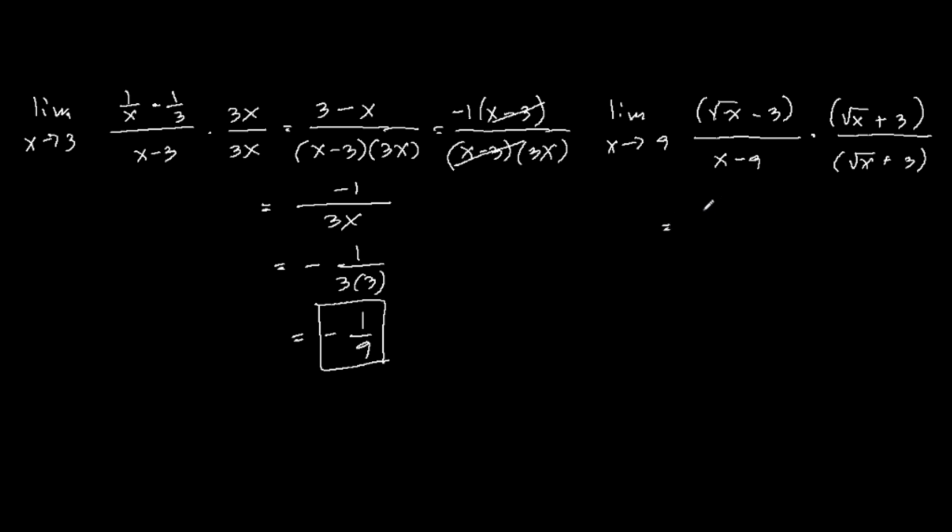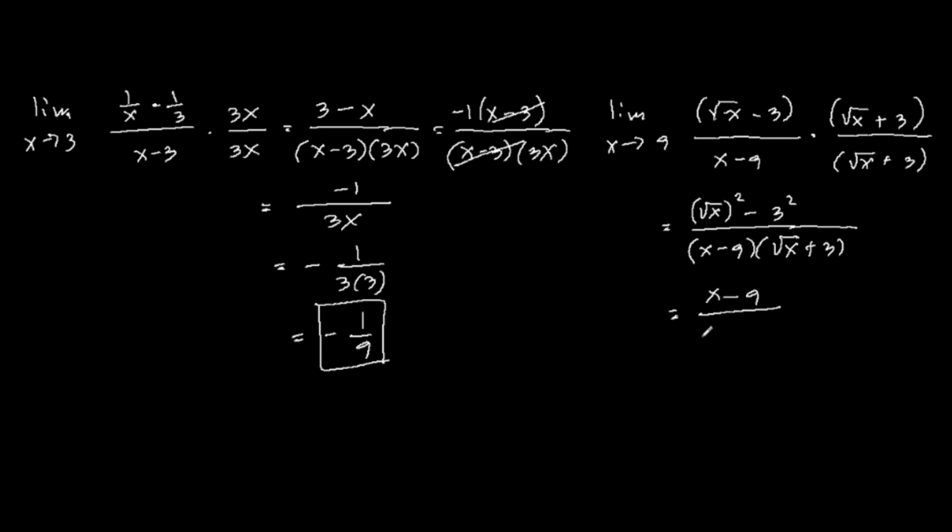Then it will be the square of the first term minus the square of the second, or the square root of x squared minus the square of the second term, all over (x minus 9)(square root of x plus 3). The square root of x squared is x, and 3 squared is 9.